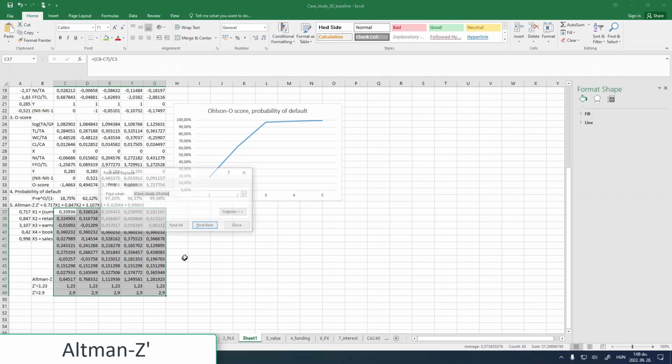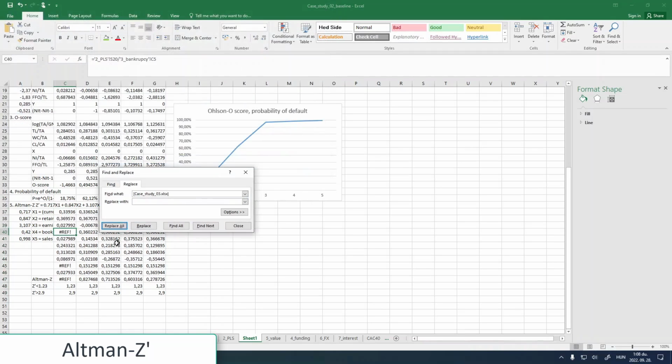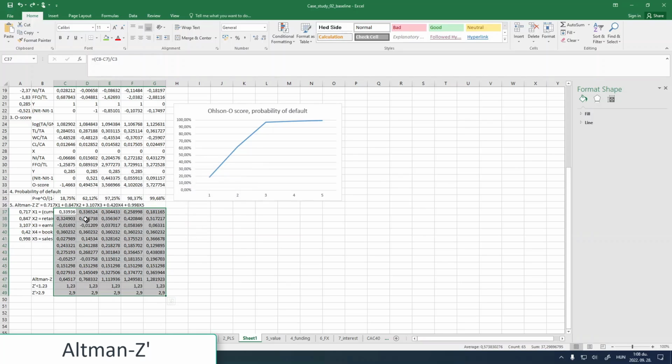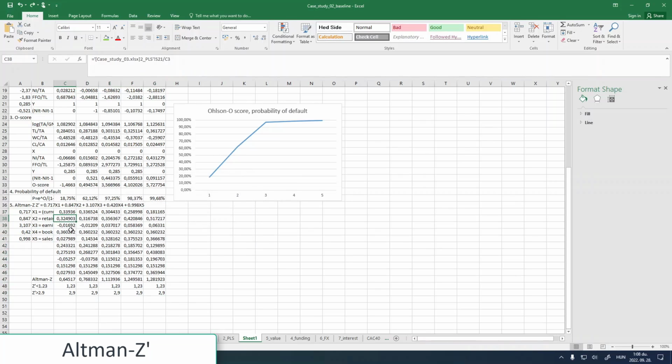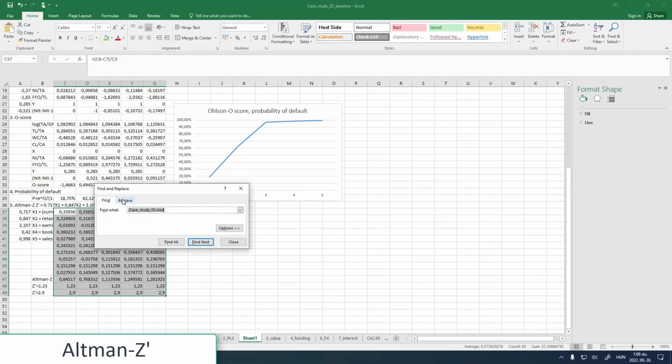And now I have to remove the file from the equation.